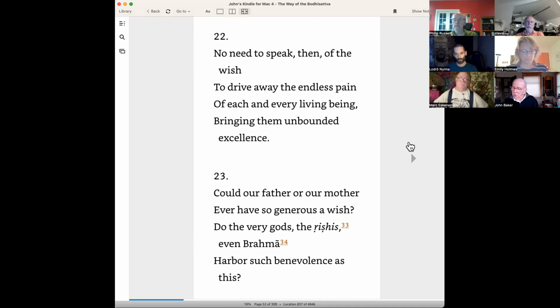The Brahma Viharas are another name for the practice that we do every morning when we wish all sentient beings to achieve happiness and equanimity and so forth. Those are called the four abodes of Brahma. So do the very gods, the rishis, even Brahma harbor such benevolence as this? And the answer is no. Bodhicitta surpasses all.